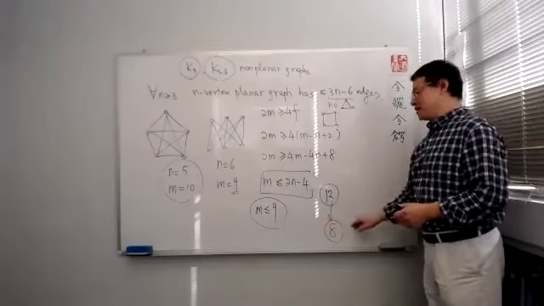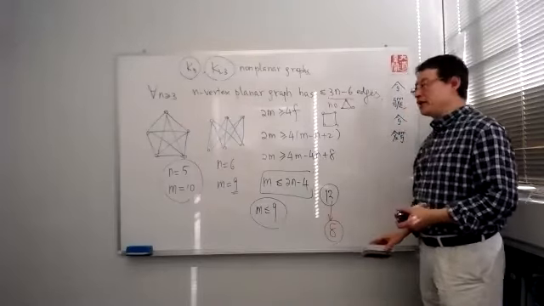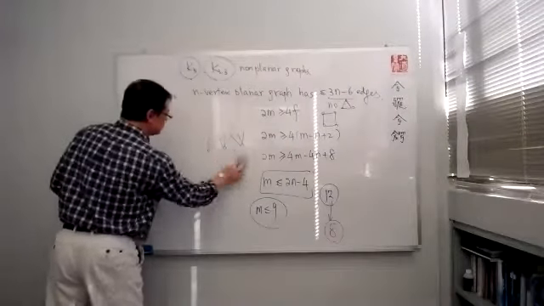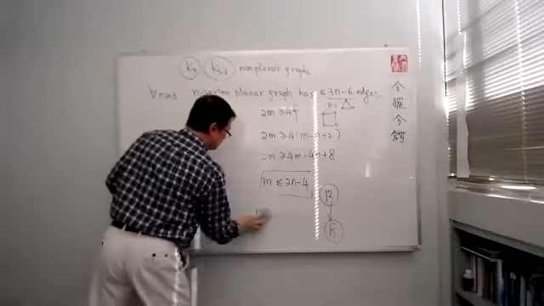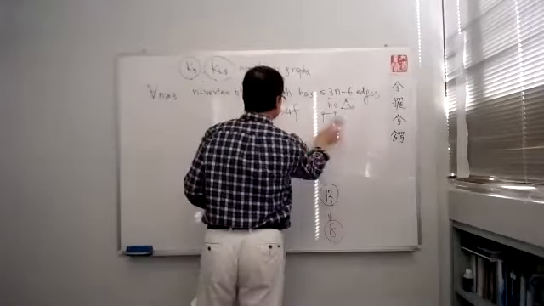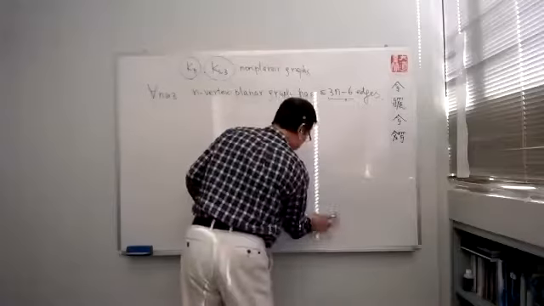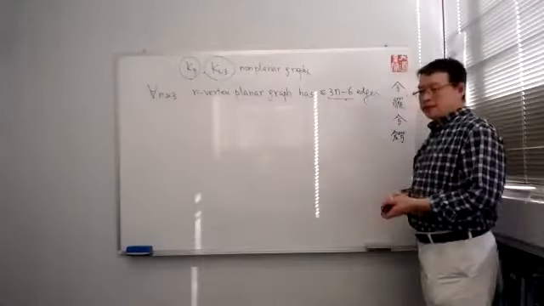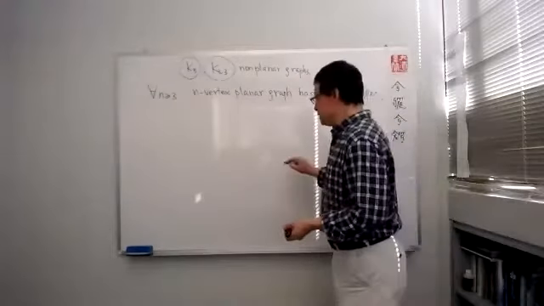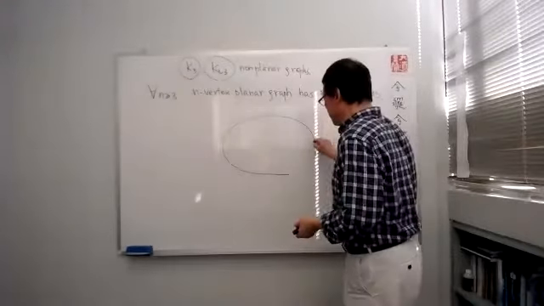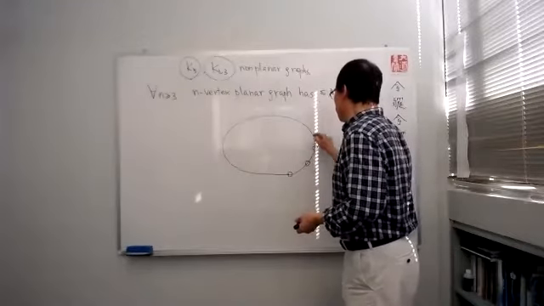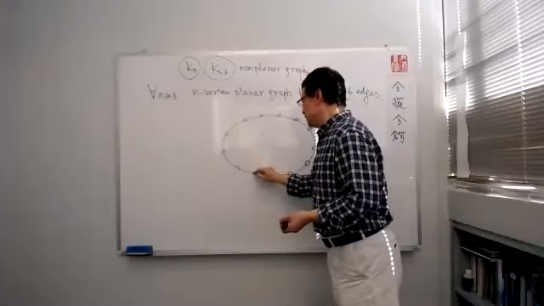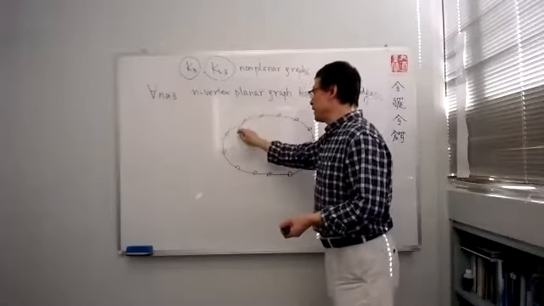All right. In the homework, there is a problem asking about outerplanar graphs. A graph is outerplanar if we can embed the graph on the plane so that all vertices are on the exterior face. Inside we can have edges.